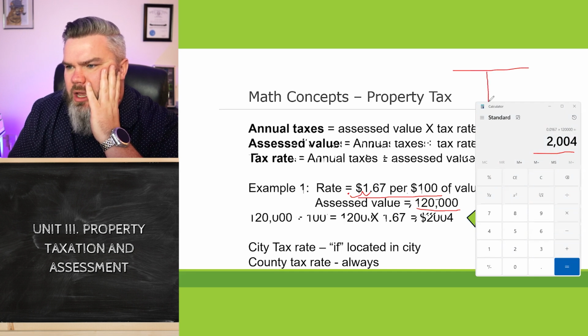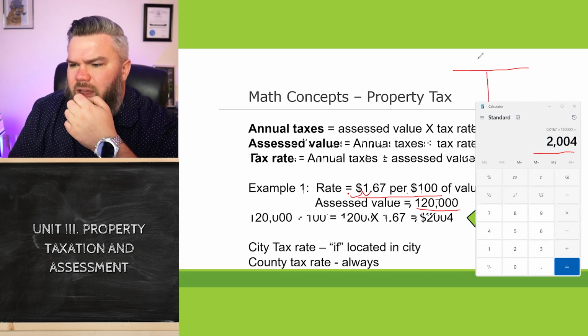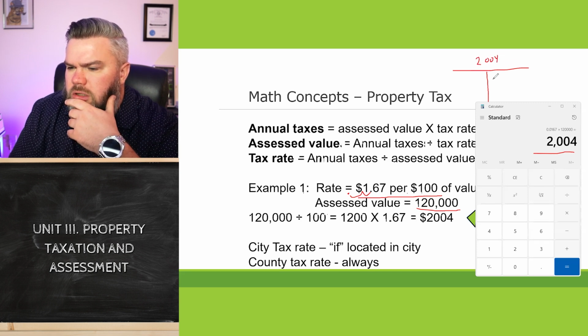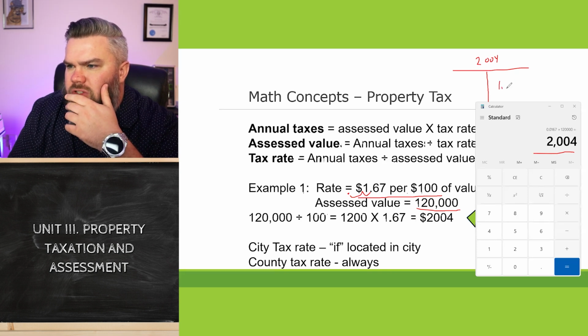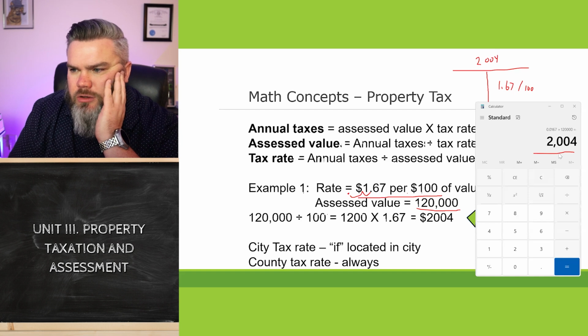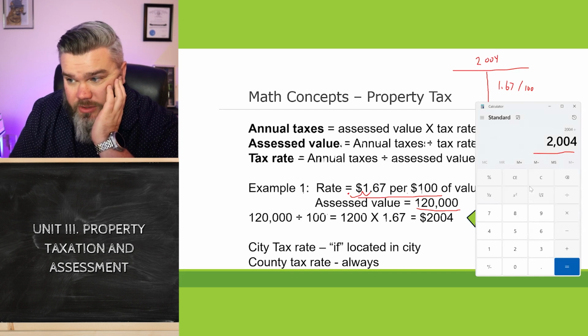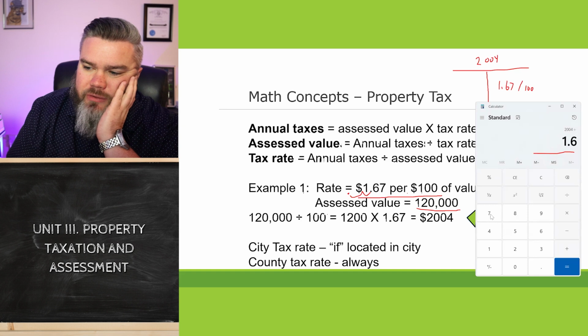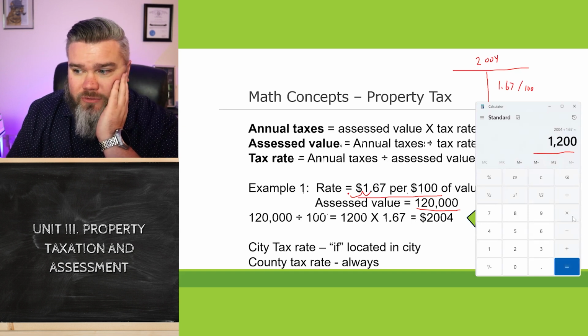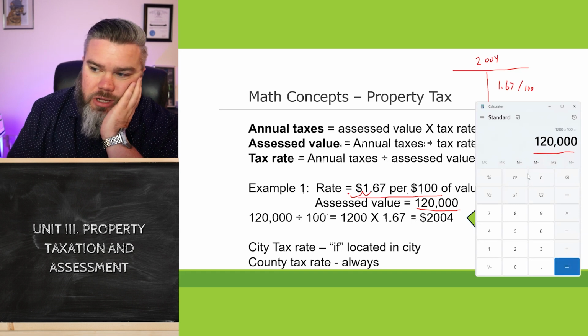If I was to say you have a tax bill of $2,004 and a tax rate of $1.67 per 100, if you take 2004 and divide down the T by $1.67, it does not equal the assessed value. You would have to multiply it by 100 in order to get back to the assessed value.